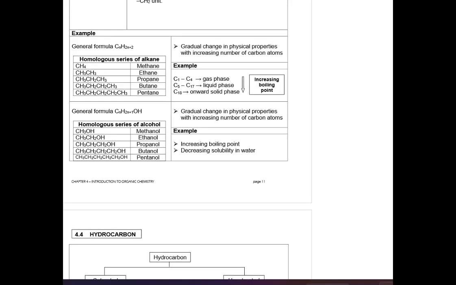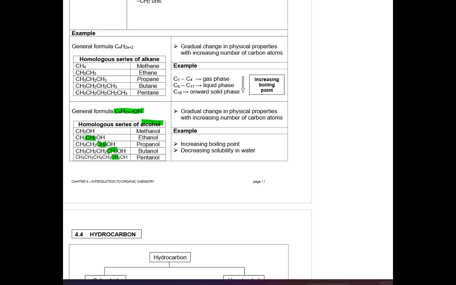Okay, so for example here I have CnH2n+1OH. This is the homologous series of alcohol, class of compound alcohol. If we look here, from methanol to ethanol differ with CH2, ethanol to propanol another CH2, propanol to butanol another CH2, butanol to pentanol another addition of CH2.